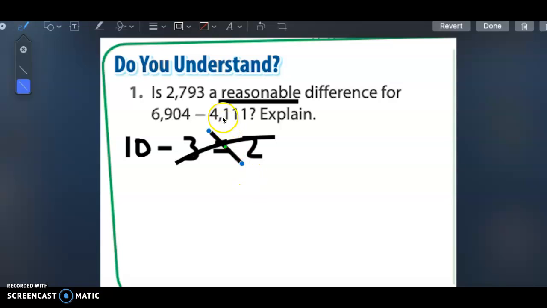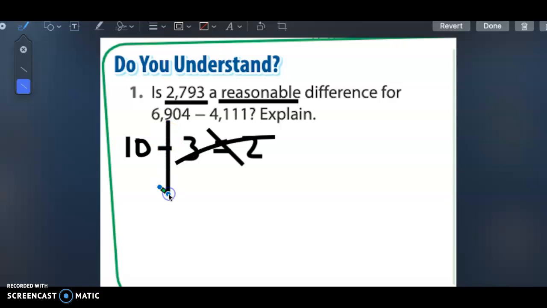So they're asking if 2,793 is a reasonable solution for 6,904 minus 4,111. So the first thing I'm going to do is round both of these numbers.